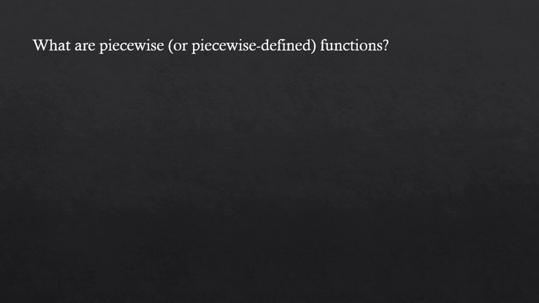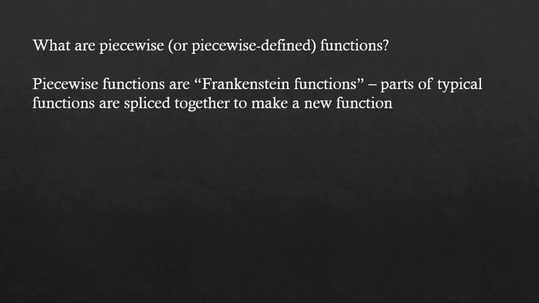What these things are, basically, you can think of as Frankenstein functions. By Frankenstein functions, I mean you take bits and pieces of typical functions and you splice them together in some kind of format to make a whole new function.